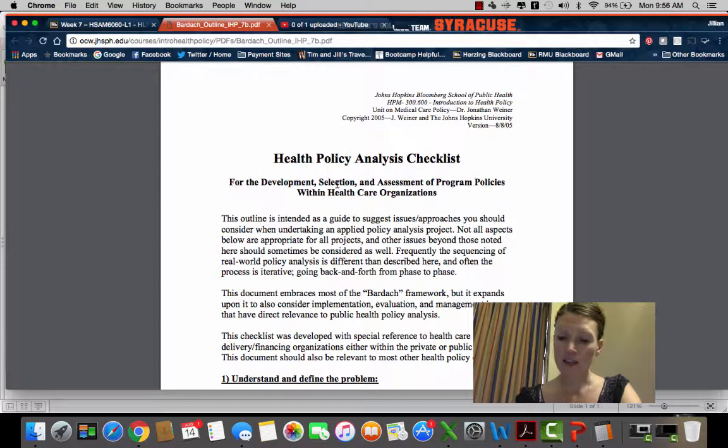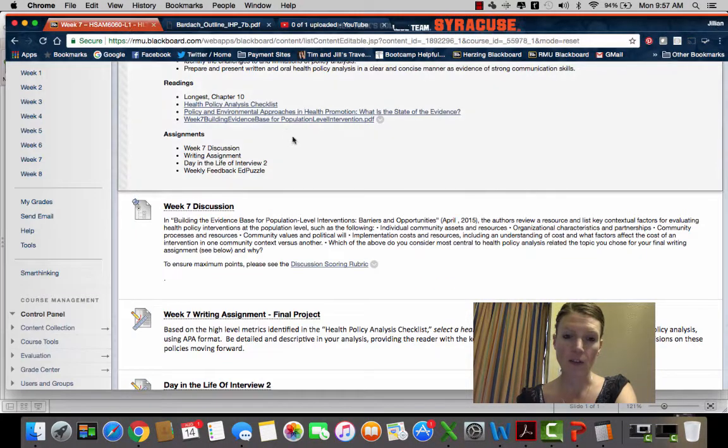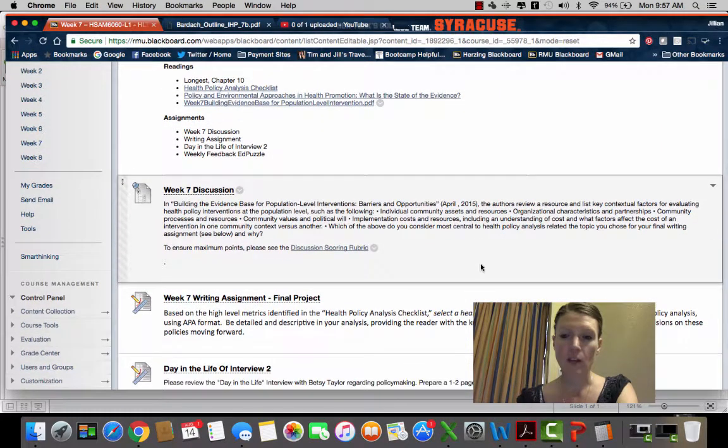The next thing was your discussion board, which then led into your paper for the week, specifically looking at the building the evidence base for population level interventions document.